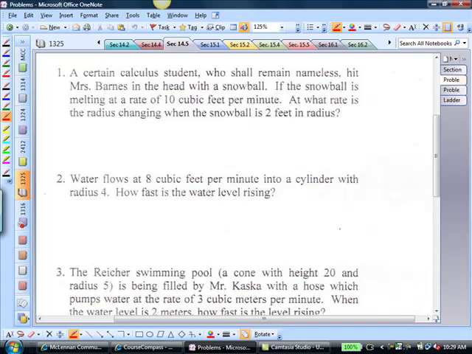Water flows at 8 cubic feet per minute into a cylinder with a radius of 4. How fast is the water level rising? That one's short enough that you might could write that whole sentence down. Let me know when I can go off of this page. Are we good? Okay, let's go back over here.